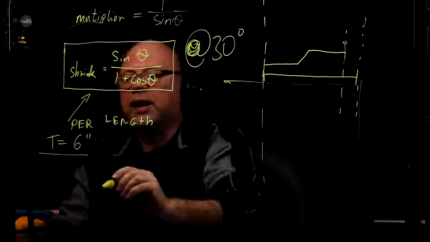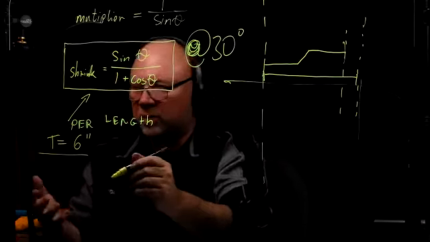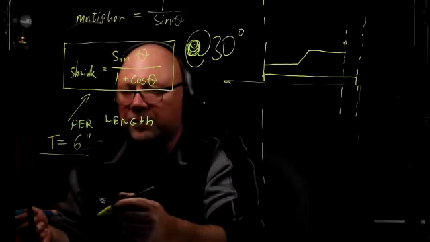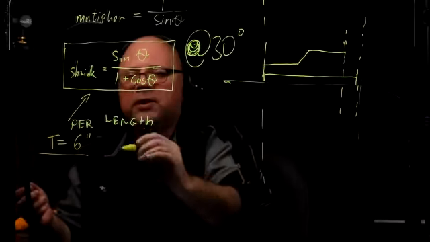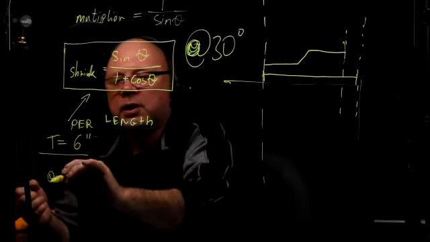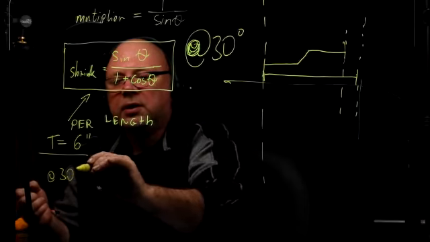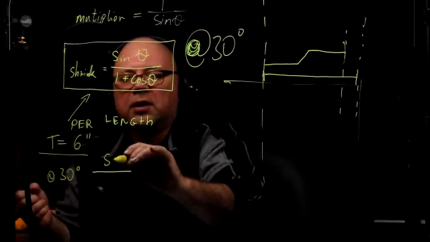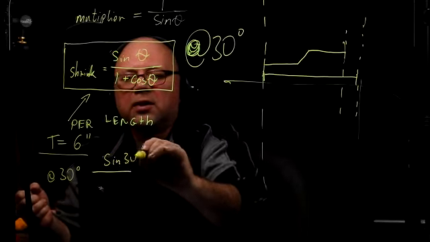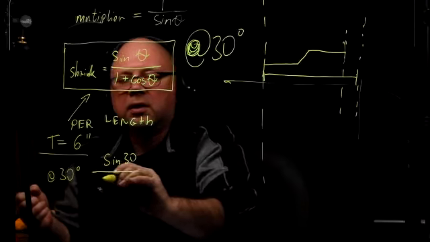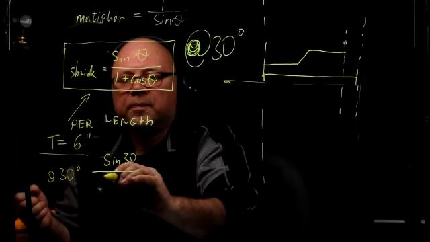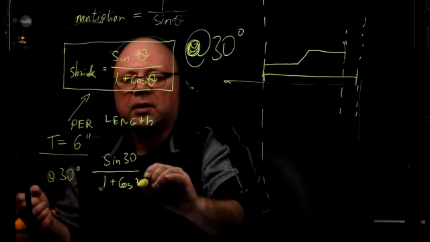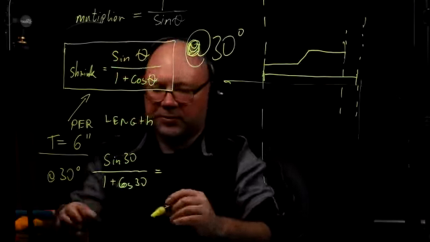We know it's going to shrink 3/4 of an inch, but let's see how we can get to it. All right. So at 30 degrees, sine 30 over 1 plus cosine 30.